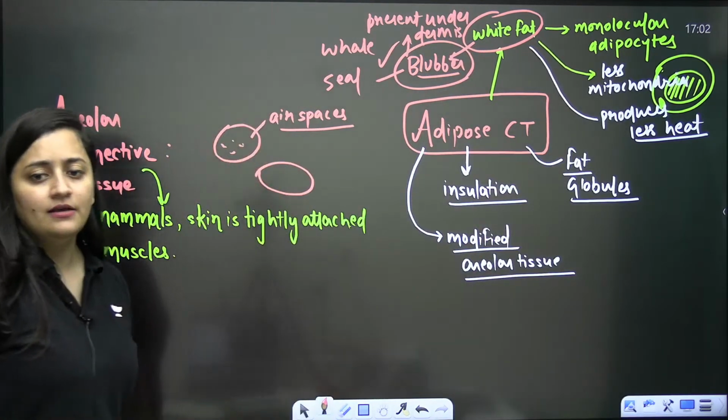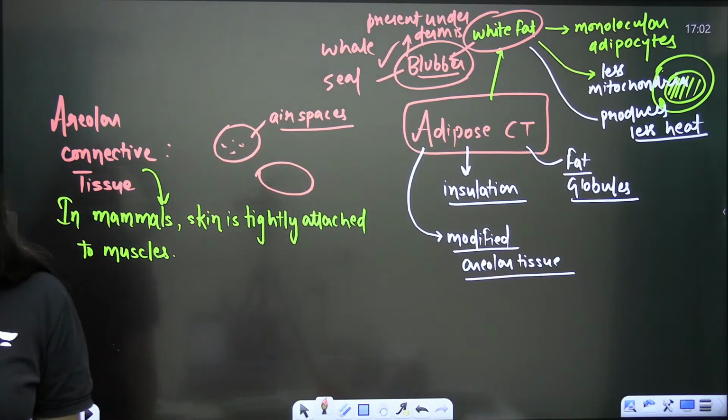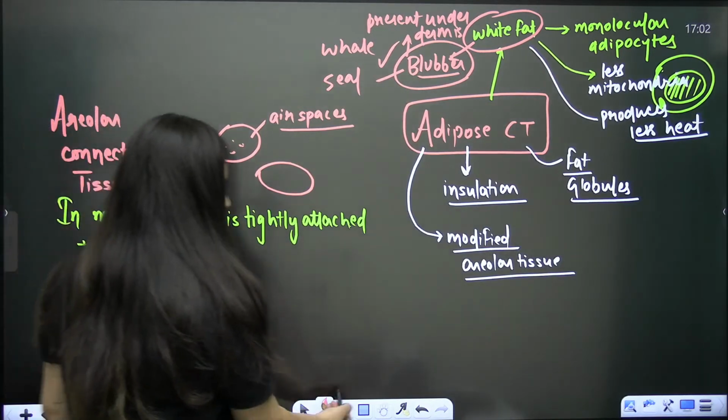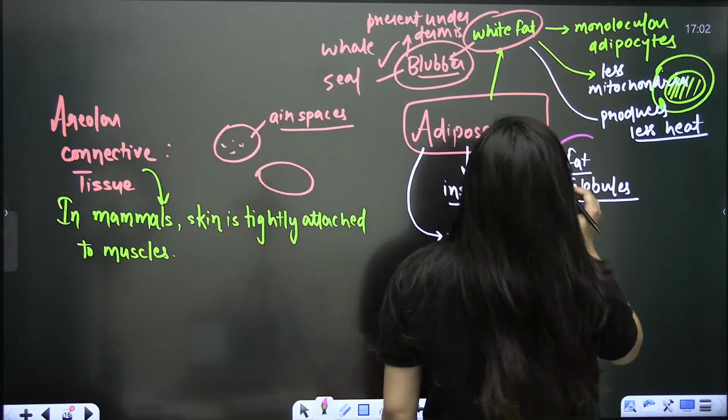Blubber. Fine. On the other hand, what will be there in the brown fat? It is having multilocular adipocytes. Cytoplasm is more, mitochondria is more. In the babies you will find it.